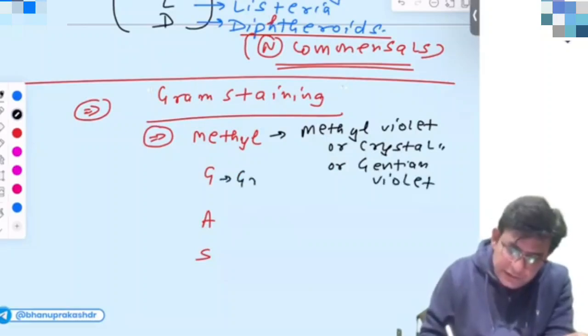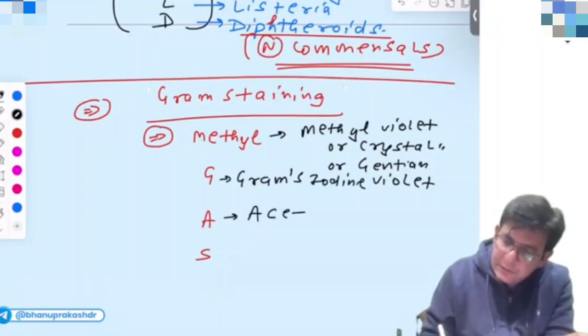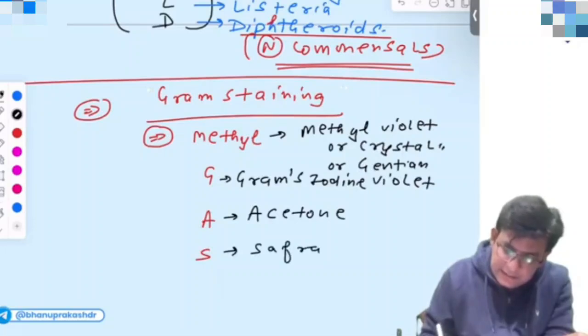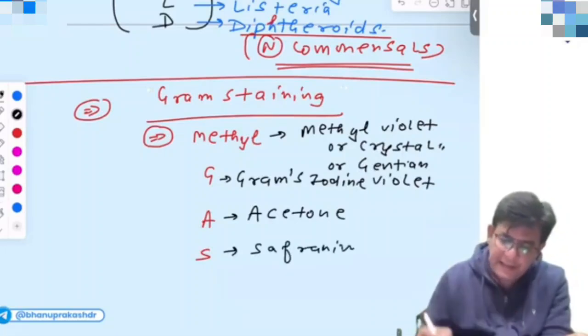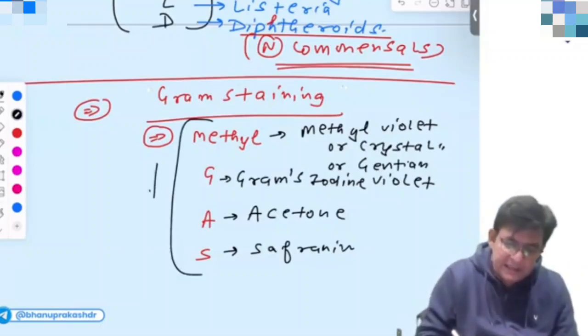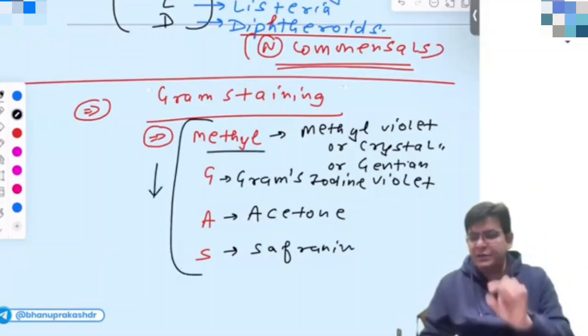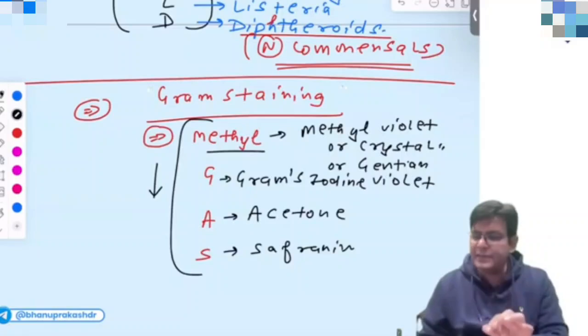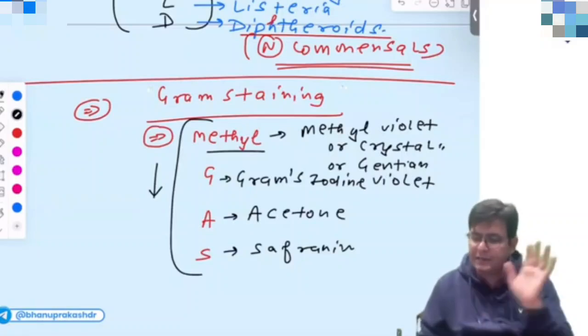Then you have G. G is gram's iodine. A is acetone and S is safranin. So guys, the sequence they ask in the exam and you should be able to tell that first of all we use methyl gas, then gram's iodine, then acetone and then safranin.